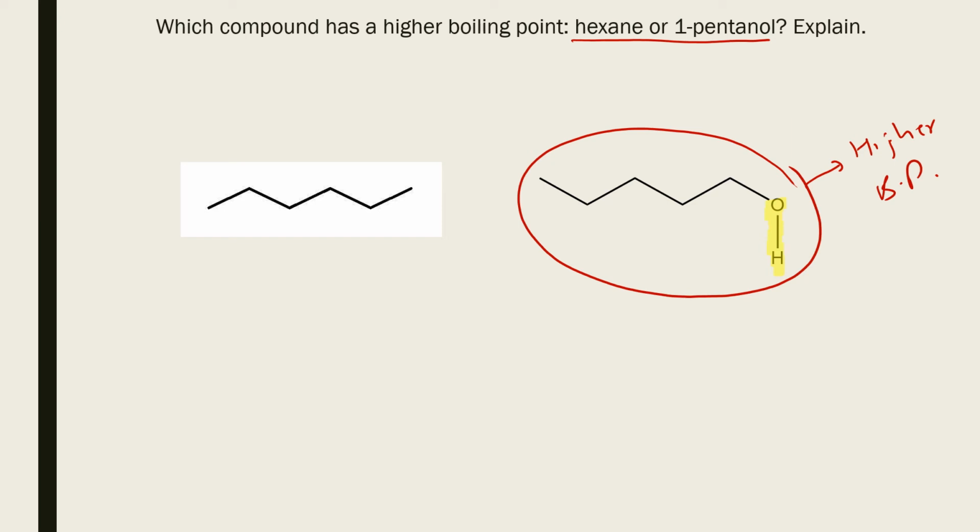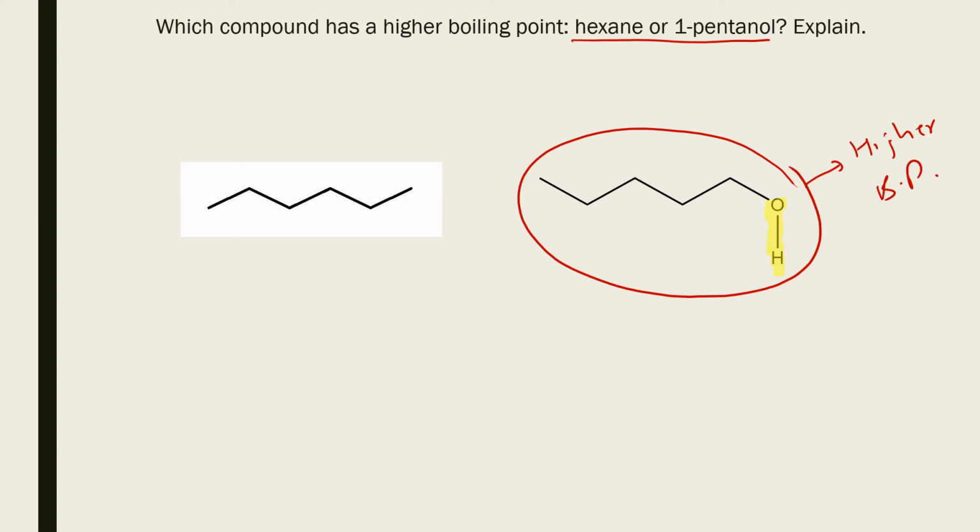We will need more energy to convert the liquid state alcohol to gas state, and hence 1-pentanol will have a higher boiling point.